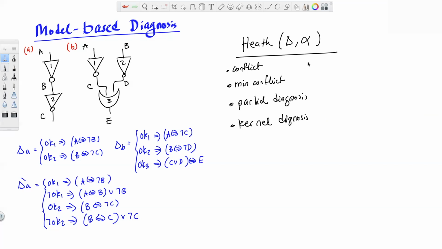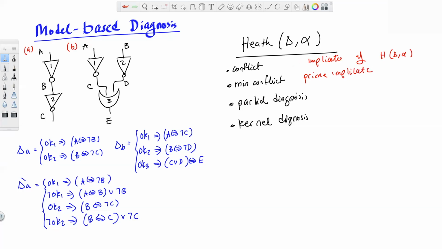A conflict ends up being nothing but an implicate of this. Sorry, this should actually be implicates, not prime implicates. So implicates of it, and the minimum conflict is what you would expect. It's the prime implicate. And you can guess the other ones.